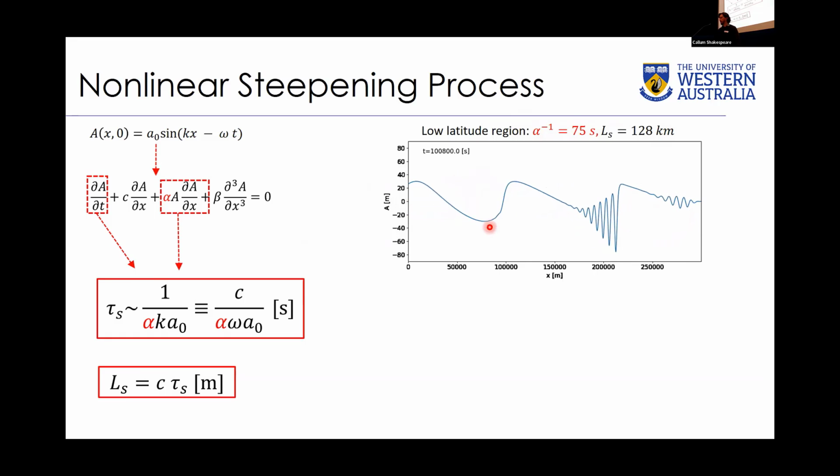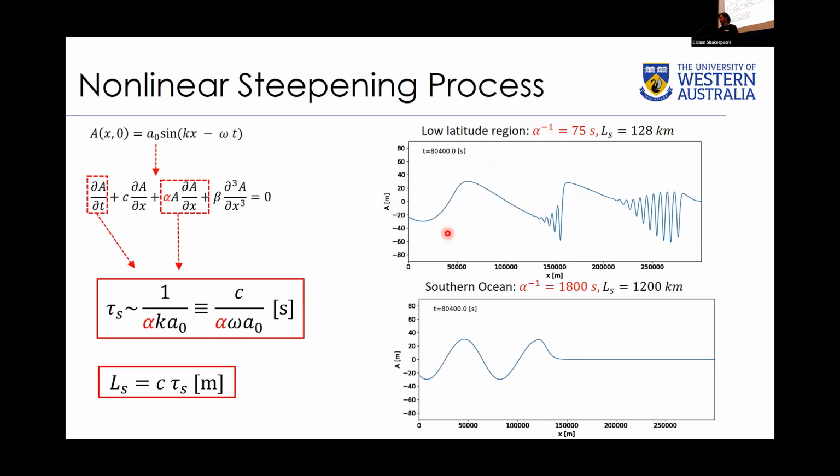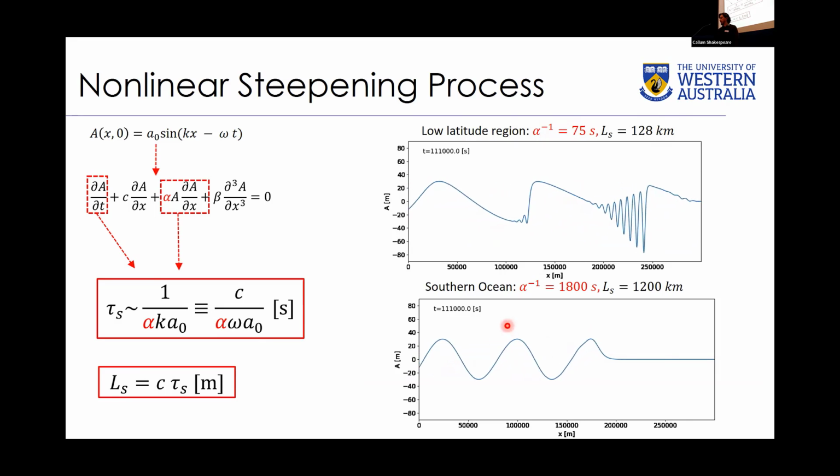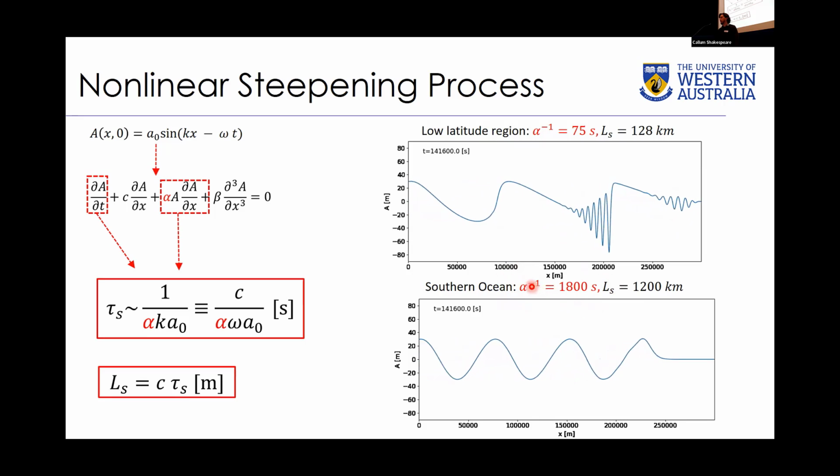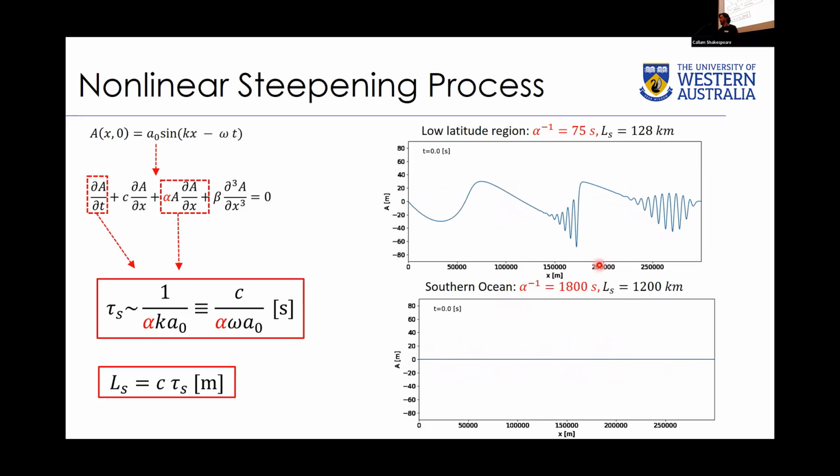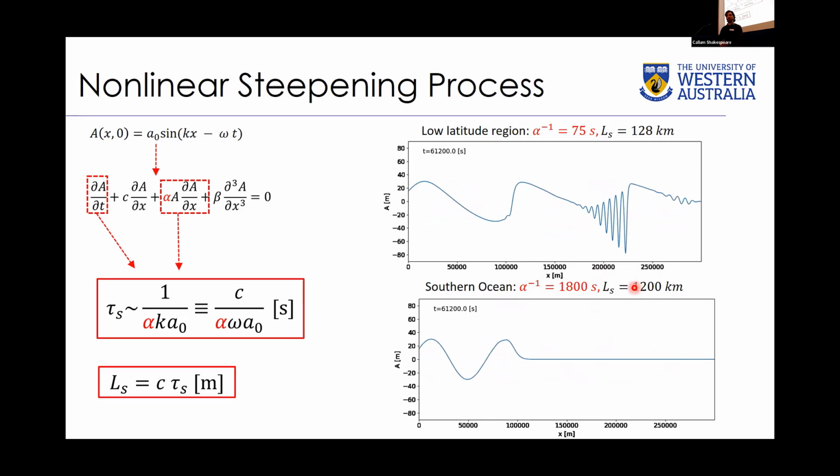And you can see this 128 kilometers roughly corresponds to this region here, where the wave starts to steepen and become nonlinear. In the Southern Ocean, the inverse of alpha is much larger, and this steepening length scale is now at least an order of magnitude larger.